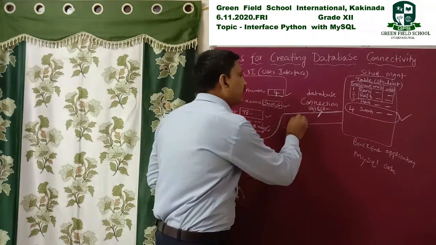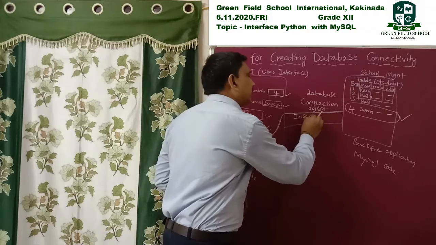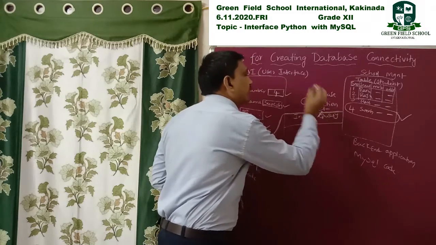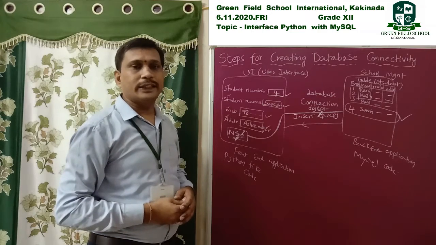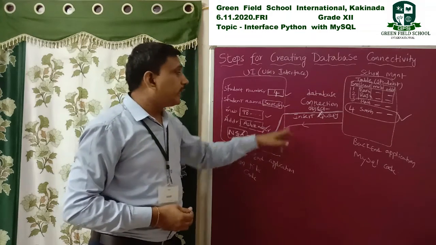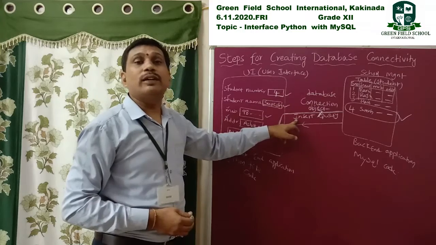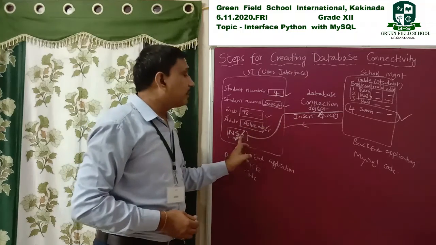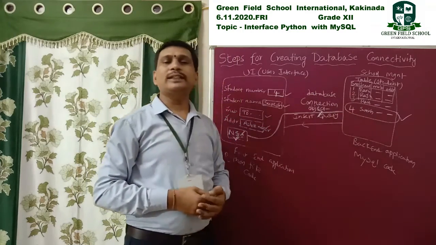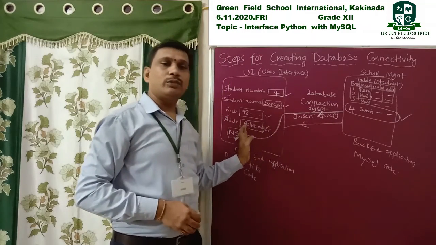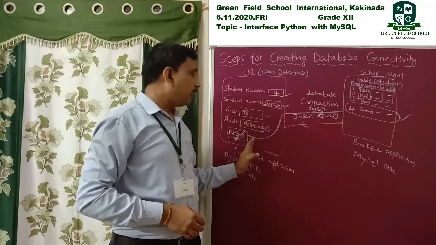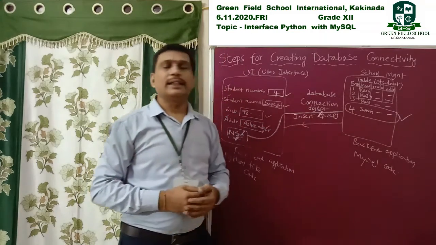Automatically the insert query is applied here. Execute that query: we use the fifth step, execute query. So the insert query is executed, and the data is stored in this database application. This is one-way communication, from the user interface and front end to the back end.